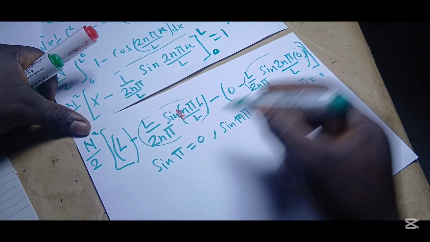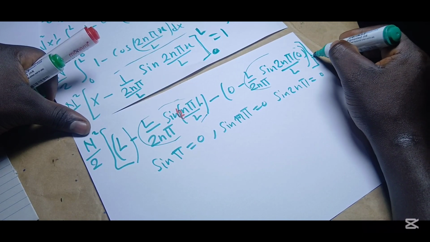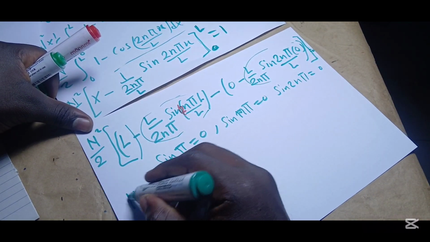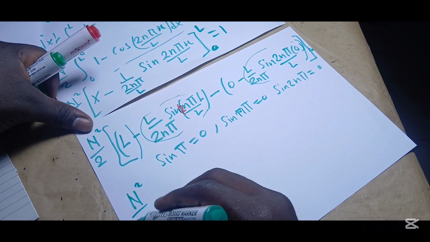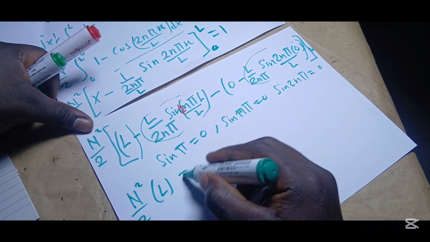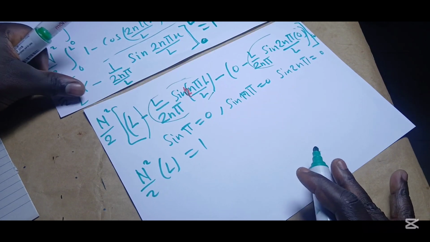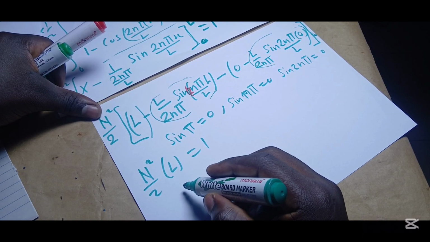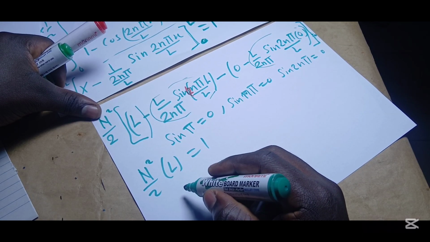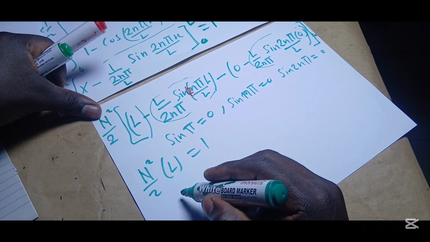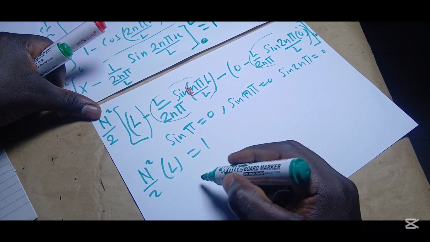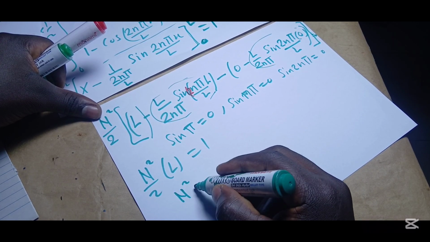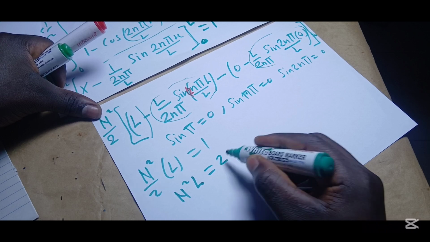So the remaining terms here are n squared over 2 L equal 1. So we now solve for n, which is our normalization constant. That is what we are looking for. So multiplying both sides of the equation by 2 gives us n to the power 2, L equal 2.